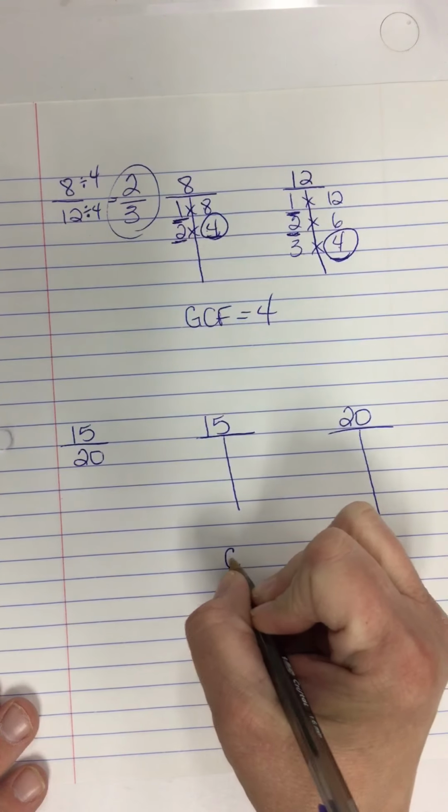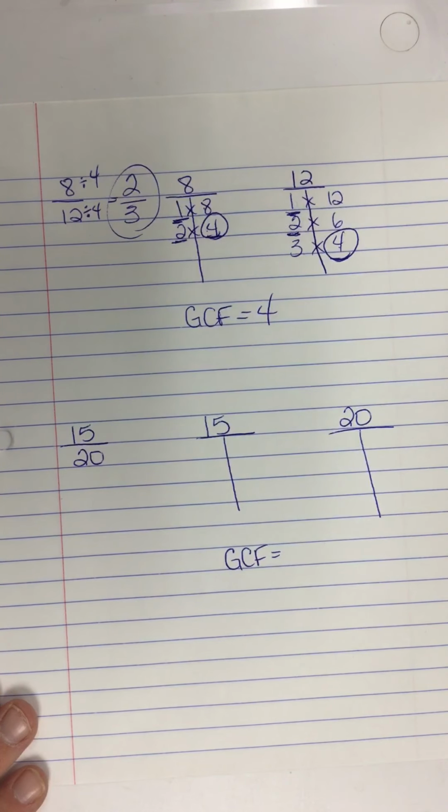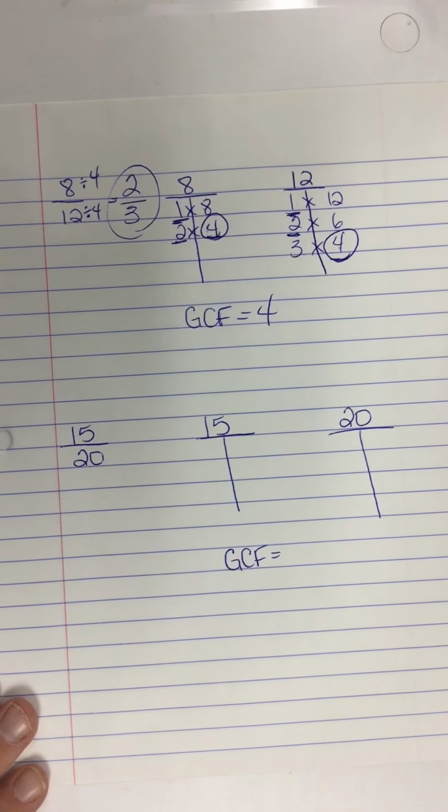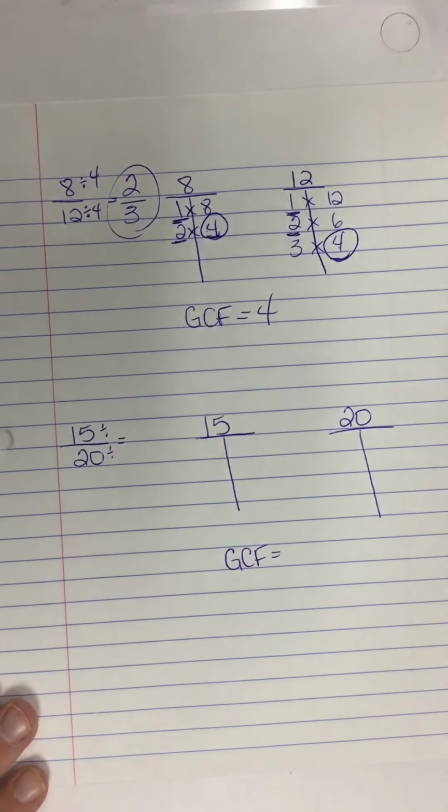Okay, tell me what the GCF is. And then divide the numerator and the denominator by the GCF.